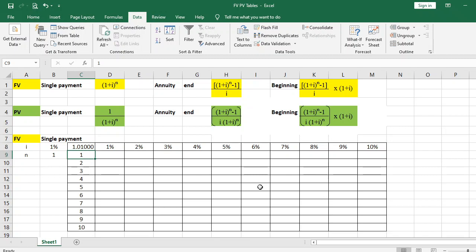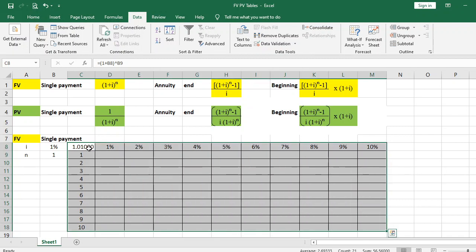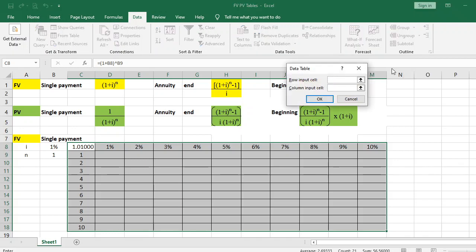Now here we are going to first of all choose the data range. This is the data range for which we are going to create the values. Then go for data. There choose what if analysis, click data table. We have to fill row input cell and column input cell.